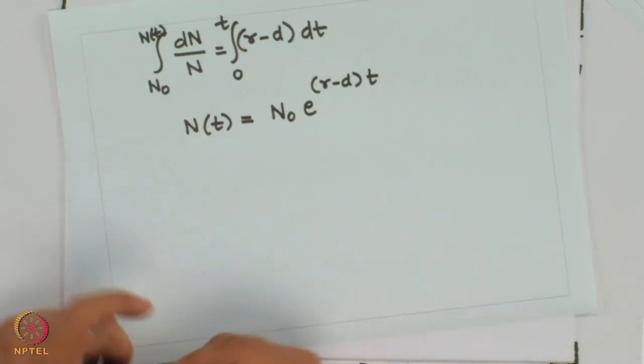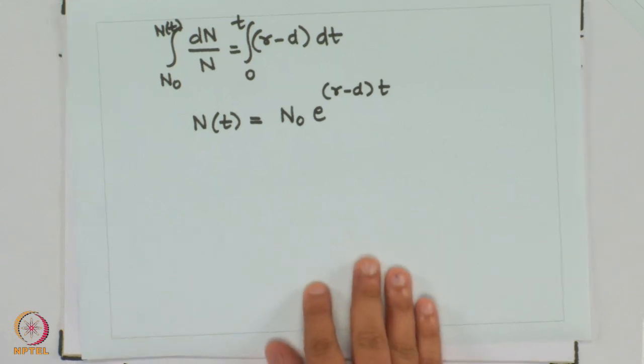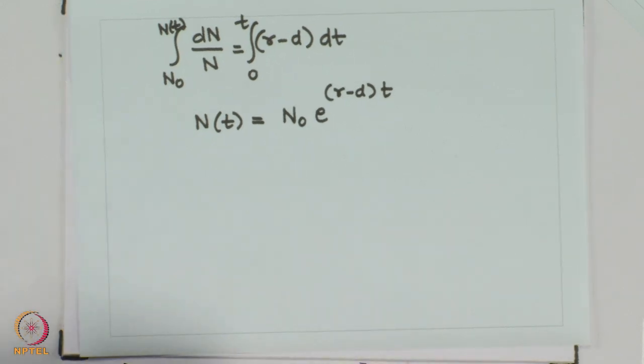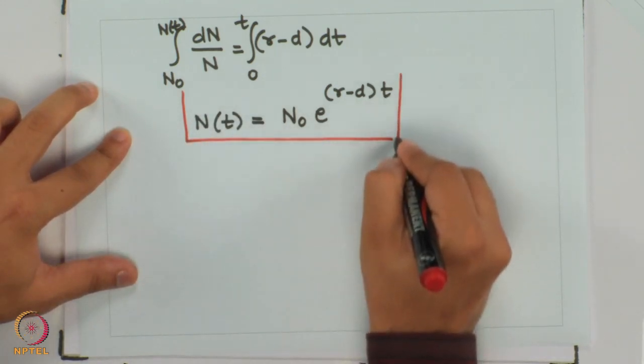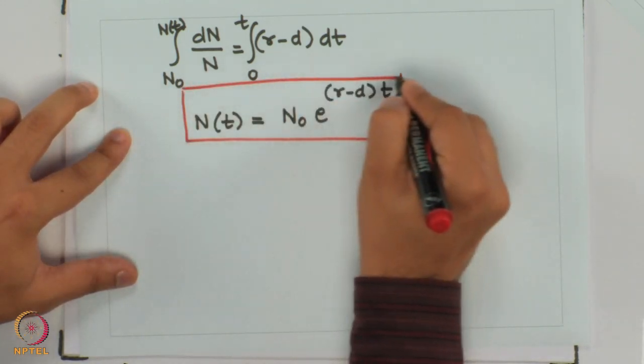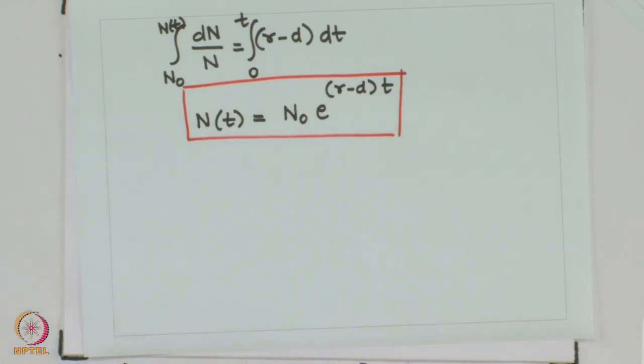So that's the growth model that we have after we have incorporated death into our analysis. r, remember, is the rate of growth, d is the rate at which death is taking place in our system.